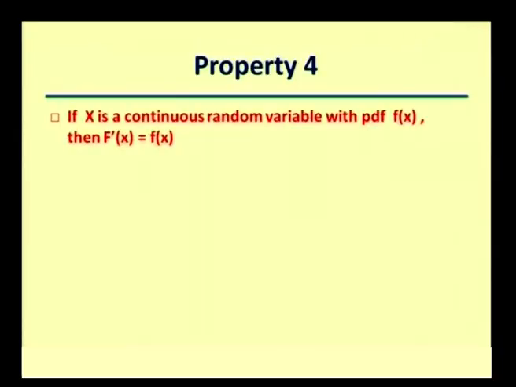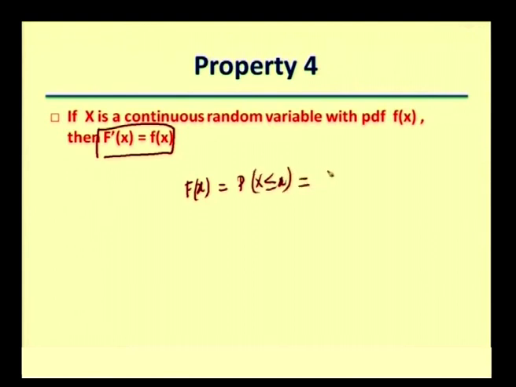Then going to property number 4. If x is a continuous random variable with PDF f of x, then capital F dash of x is equal to f of x. This is a relation between CDF and PDF. Coming to the original definition of the cumulative distribution function, we defined F of x is equal to p of x less than or equal to x.